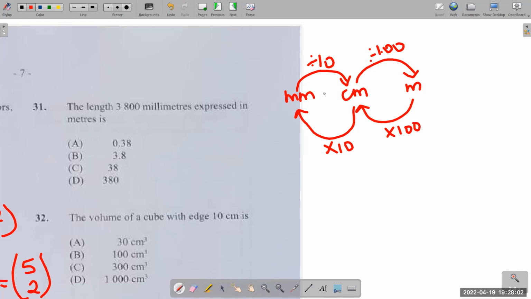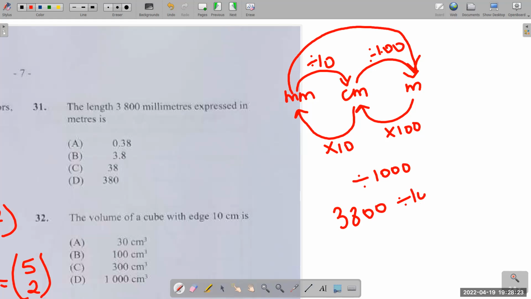So in all, if I want to move straight from millimeters to meters, how much am I dividing by in total? 1,000? How many jumps is that? That's 3 jumps. So essentially, 3800 divided by 1,000.